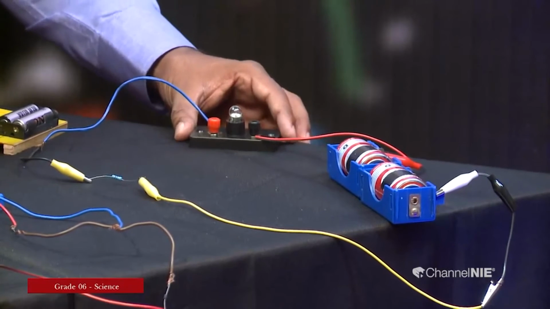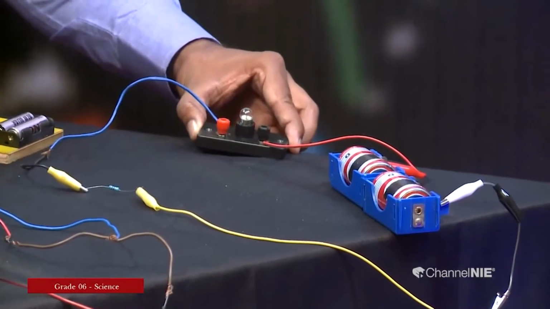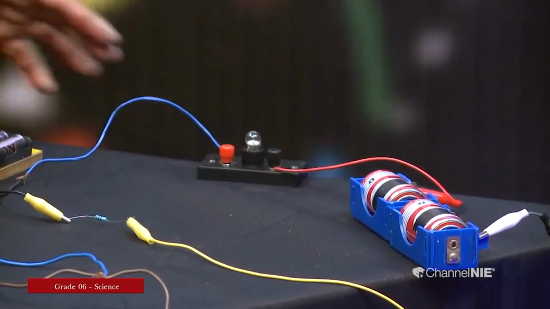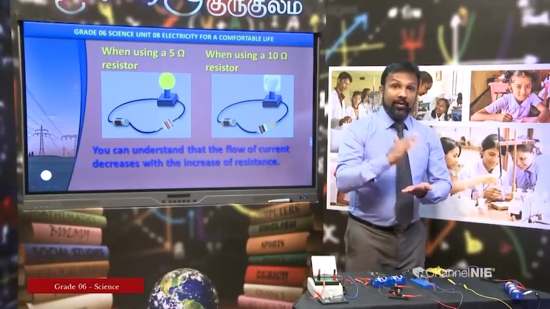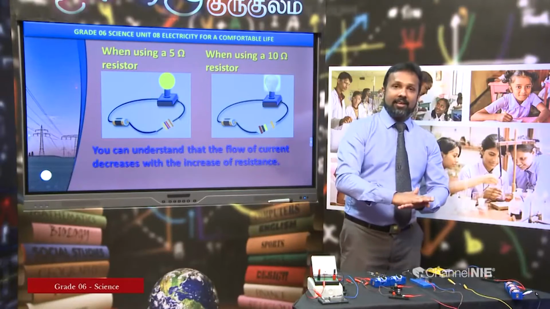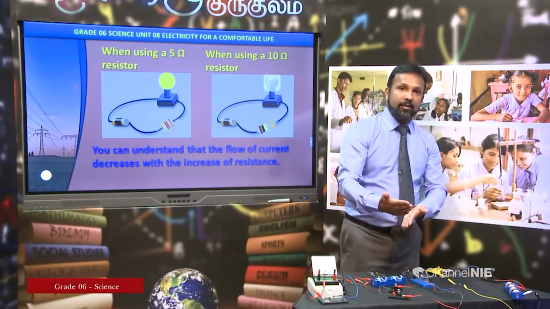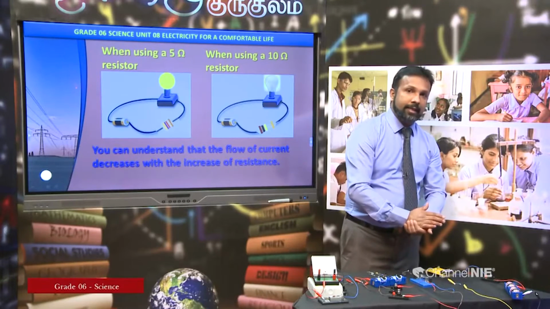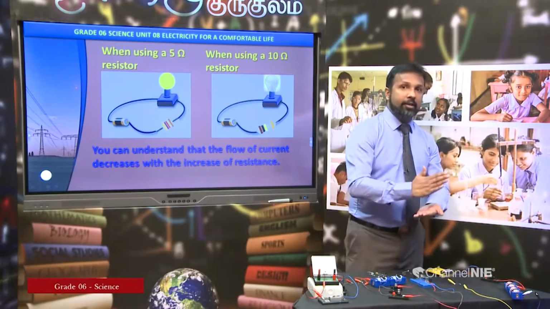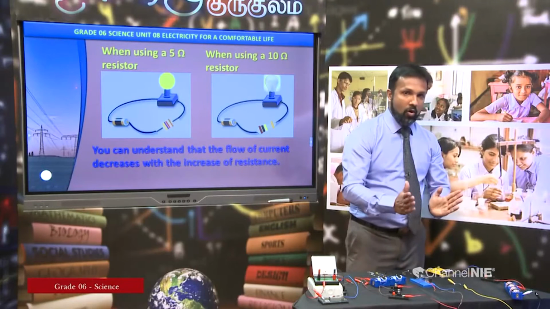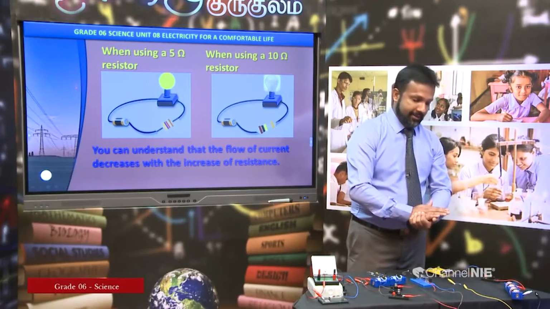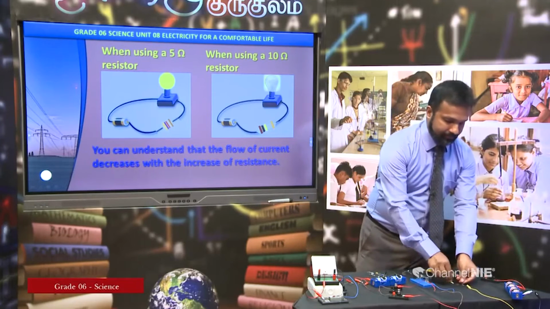Yes, I think you can't see, but the bulb is glowing with a very little brightness. Right. That means you can understand that when the resistance increases, it obstructs the flow of current. It causes a barrier for the flow of current, or it controls the flow of current.